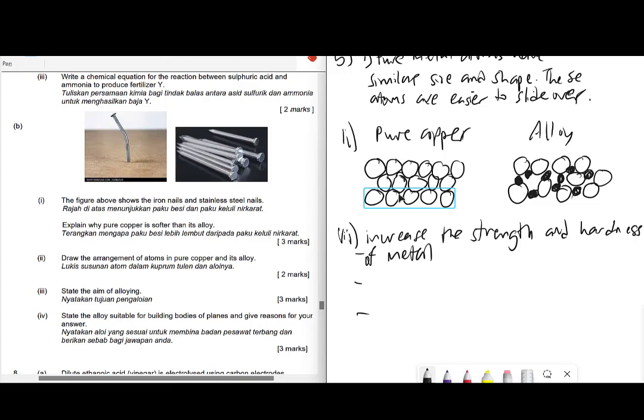All right. So why do we make stainless steel? The name stainless steel is actually to prevent or resist corrosion or rusting. So the second aim of alloying is to prevent the corrosion of metal.